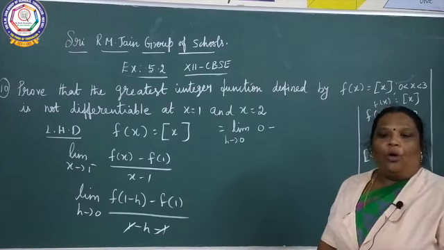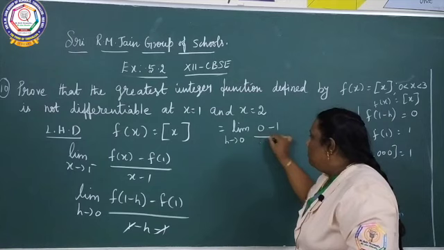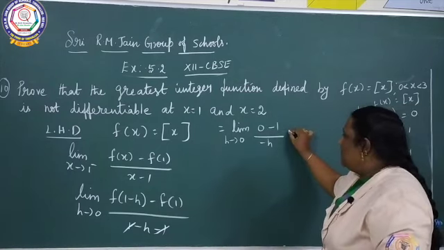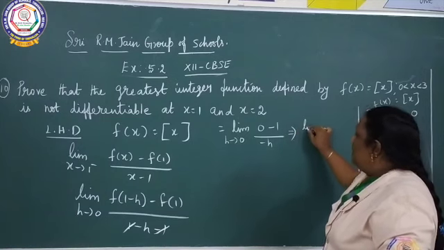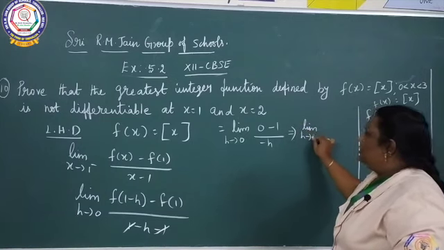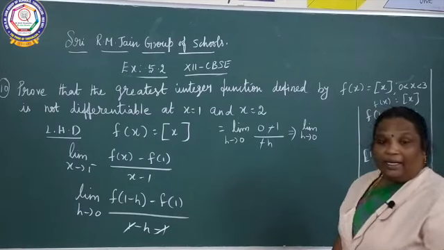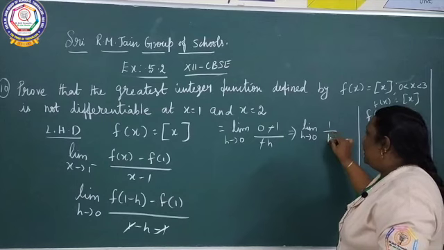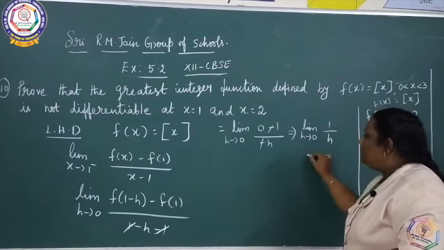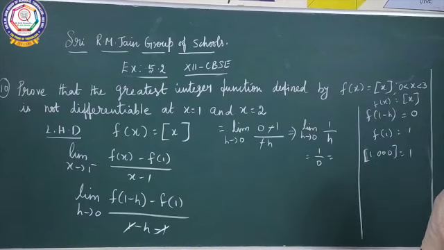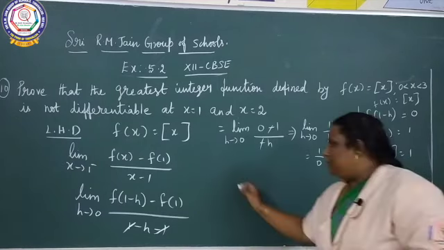0 minus 1 by minus h. Okay. See here, which implies limit h tends to 0, minus gets cancelled, 1 by h. When h value becomes 0, 1 by 0, what is the value you are getting? Infinity. 1 by 0 is nothing but infinity. Now, we move on to the right hand limit.